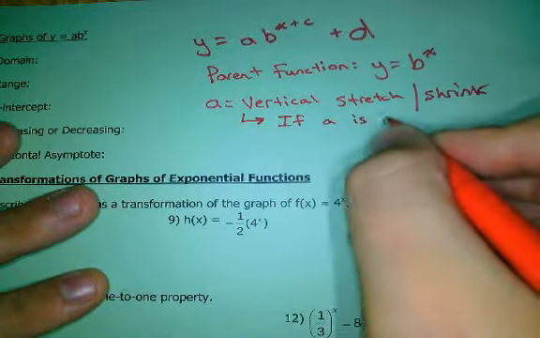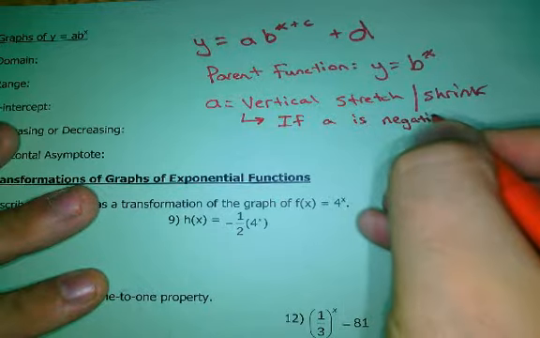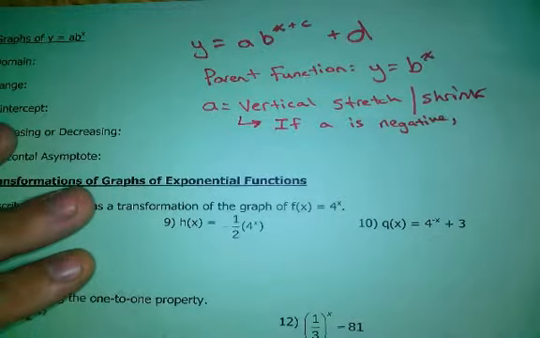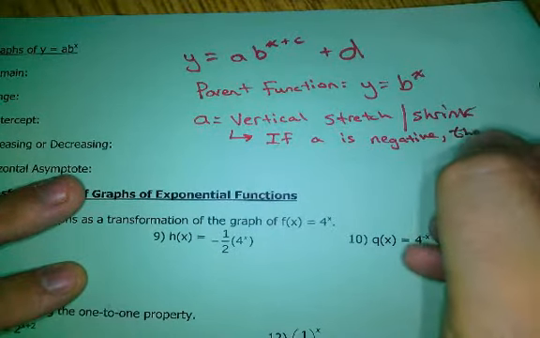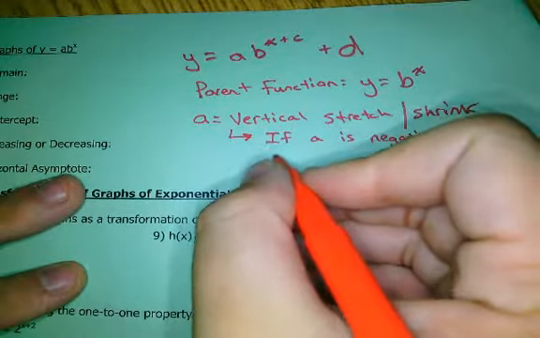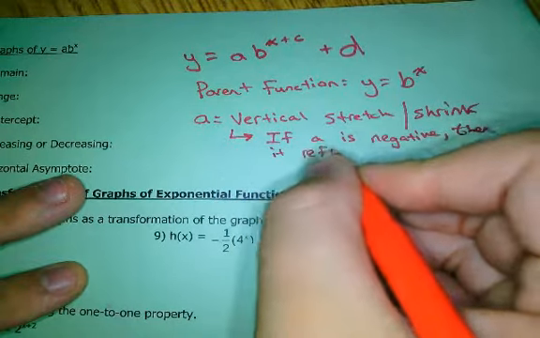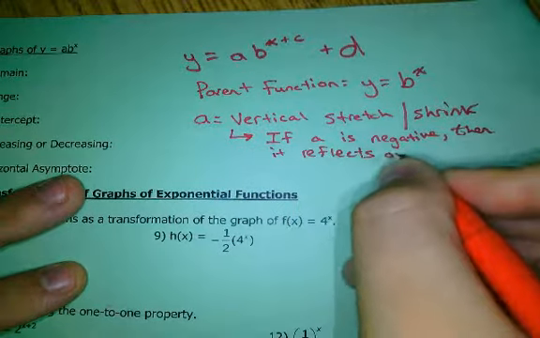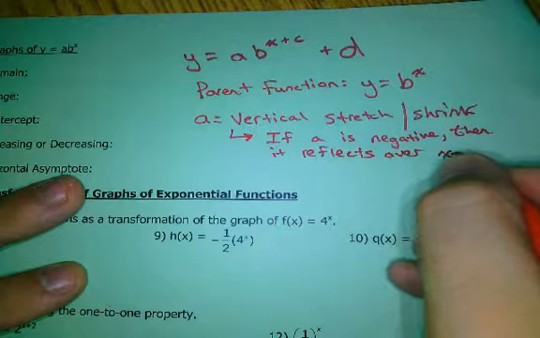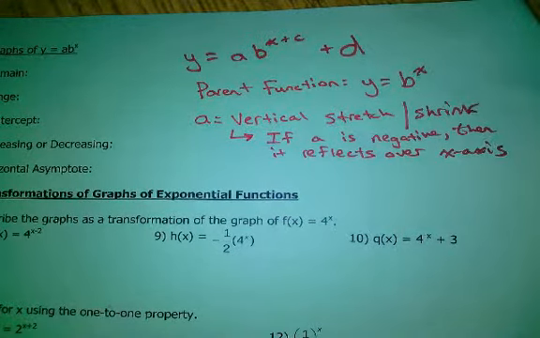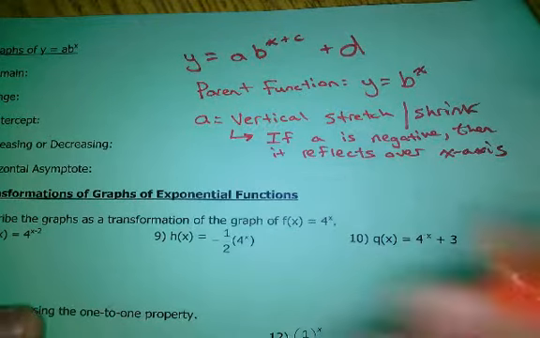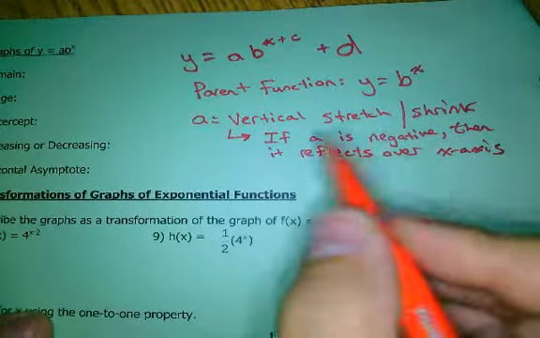If a is negative, what happens if it's negative? Then it reflects over the x-axis. A is the most complicated one.